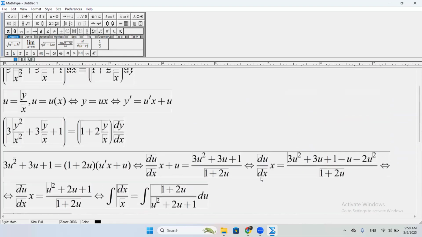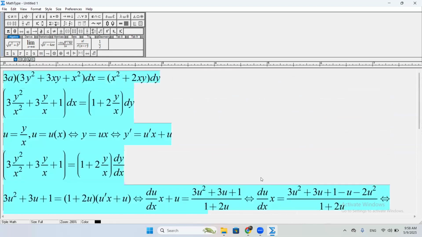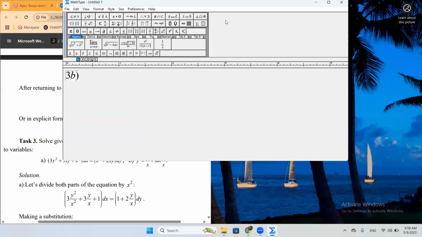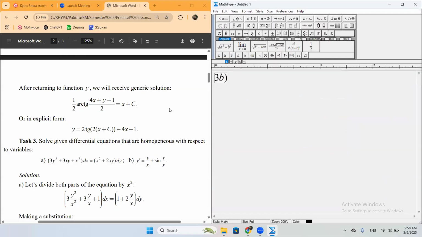So actually not for all differential equations we can write down the answer in explicit form. And actually most differential equations have no exact solution. But yeah, maybe we will solve such equations in other courses.